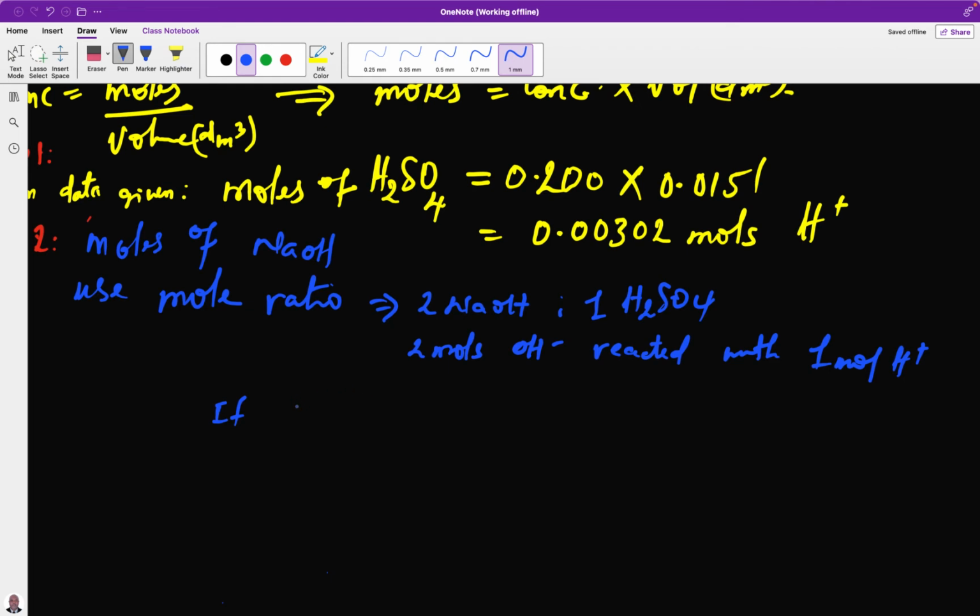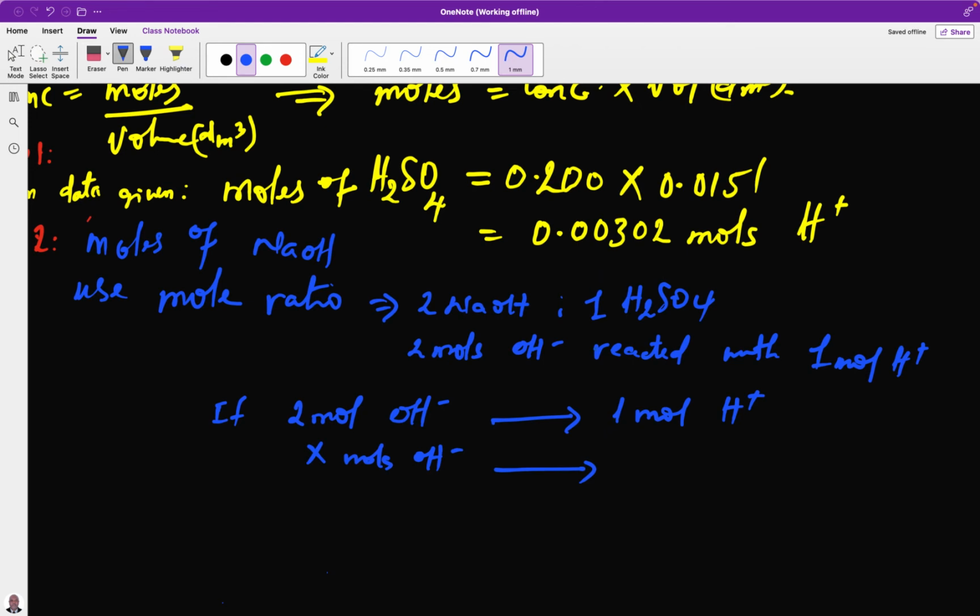You can say if 2 moles of OH can give 1 mole of the acid, then X moles of OH will give the calculated moles here.